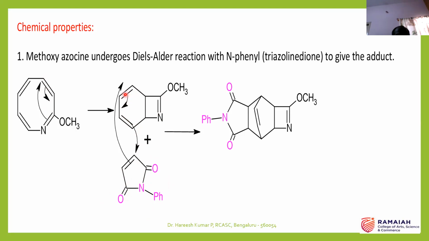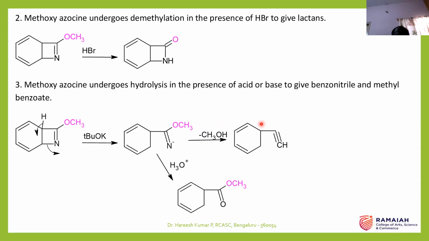This will act as a diene, and this is a dienophile. This bond pair can come over here, this bond pair can pick up this proton, and this bond pair will form a bond with this carbon. That is how a 4+2 adduct is obtained. This is about one reaction of azocin more particularly. So with this, I will go to the next slide.